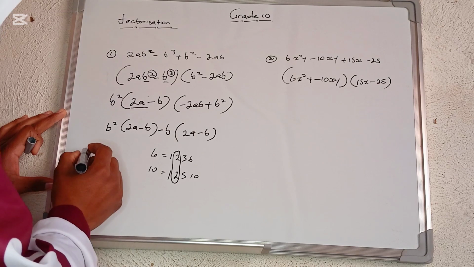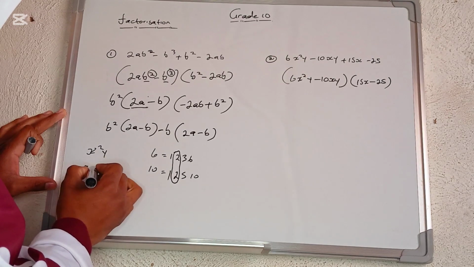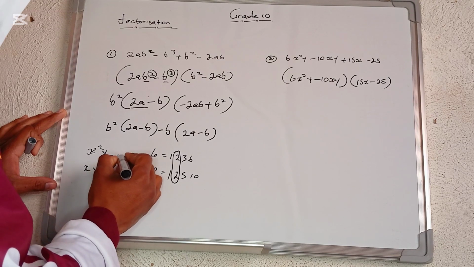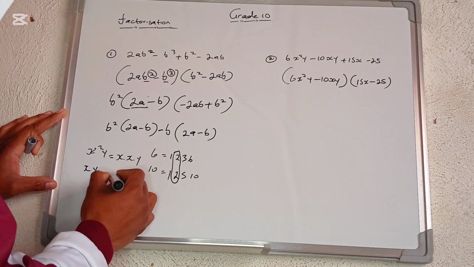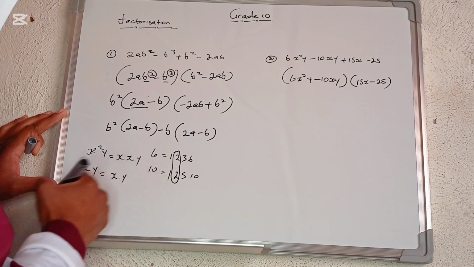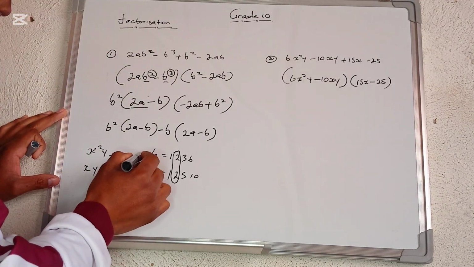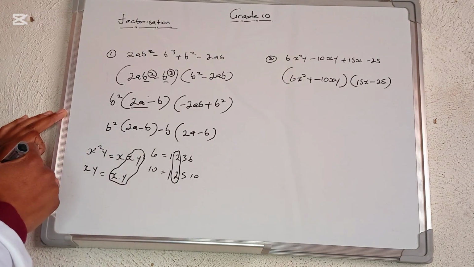We have x squared y, then we have xy. What is common here? x, and xy.